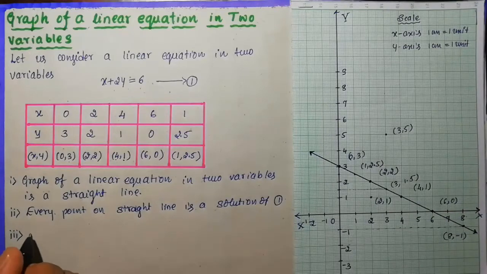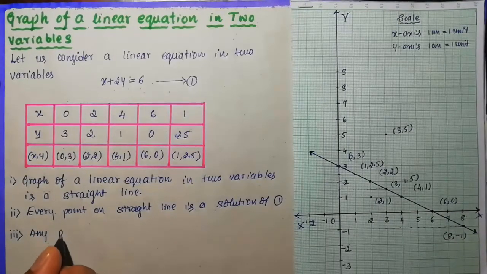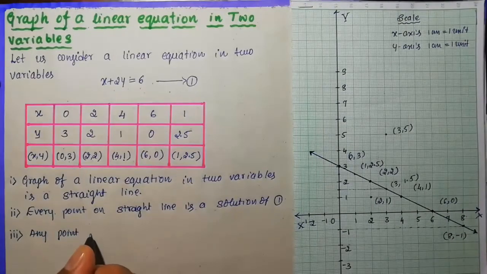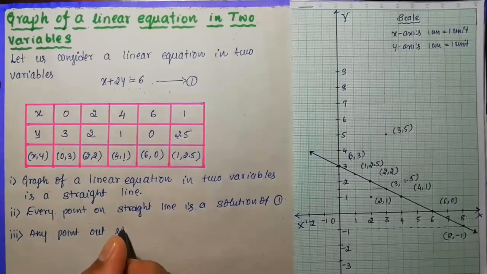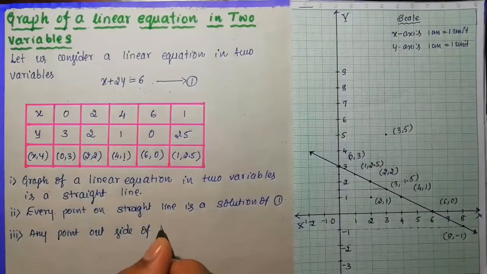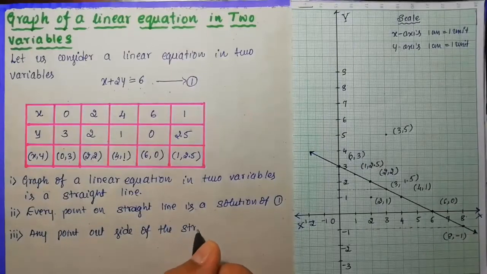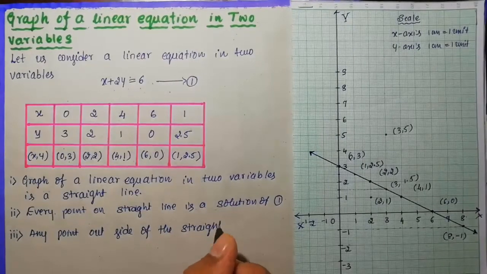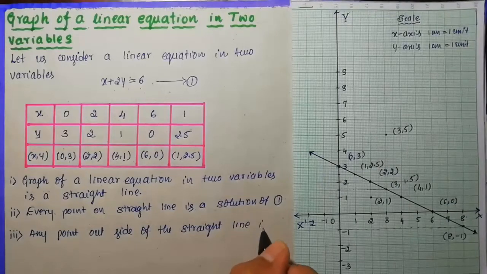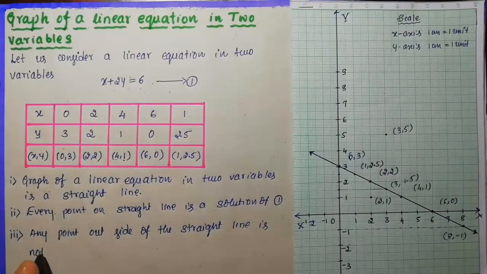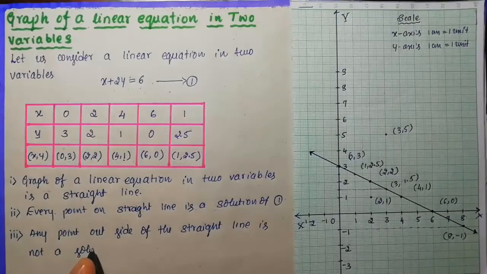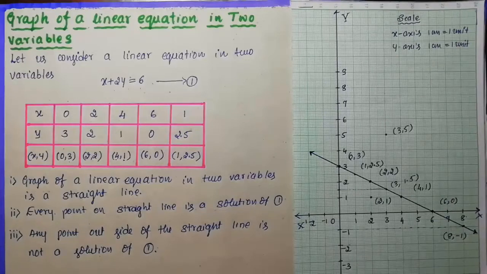Remember, any point outside of the straight line is not a solution of equation 1. So by this we can understand that the graph of a linear equation in two variables is a straight line, its nature is a straight line.